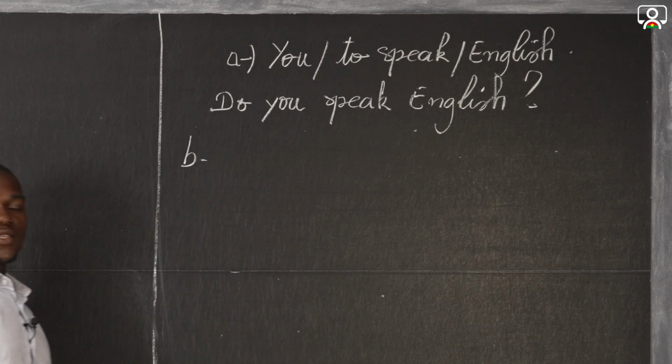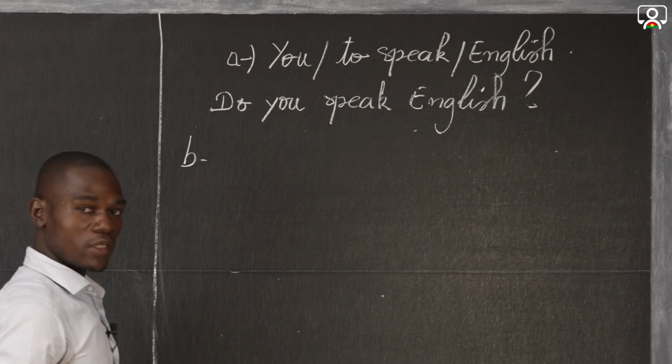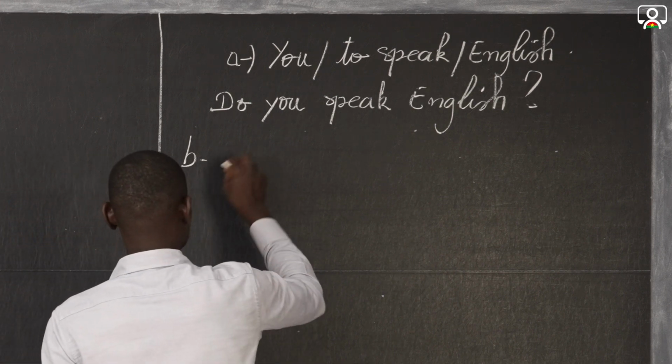So A is an example, okay? Now it's your turn with B and what follows.